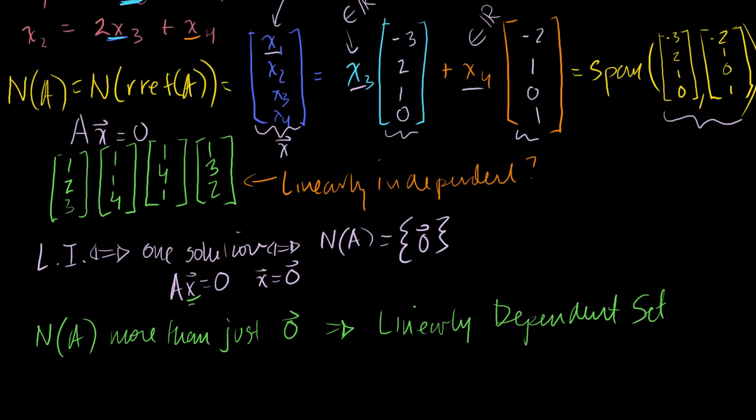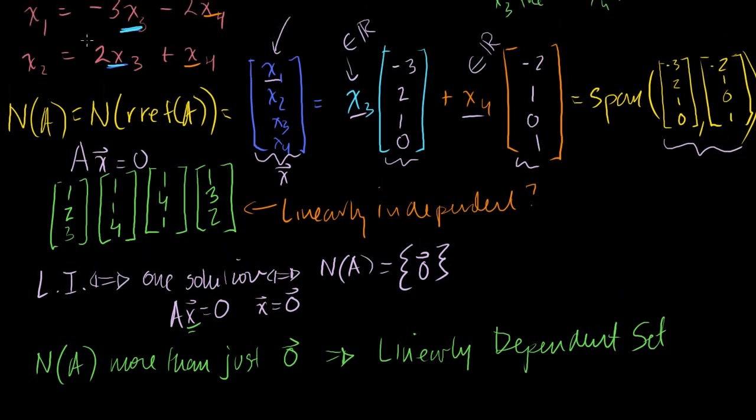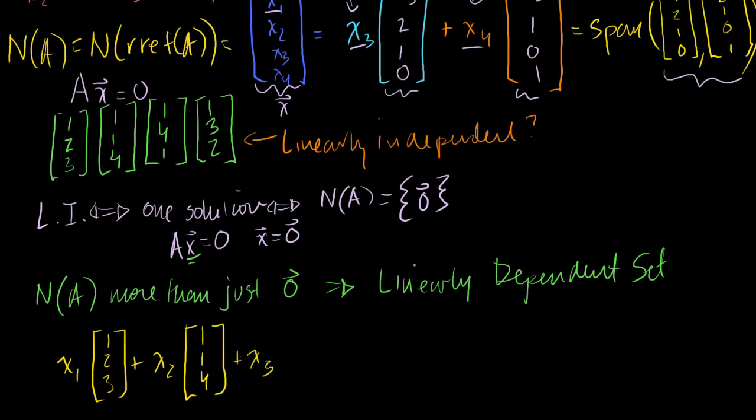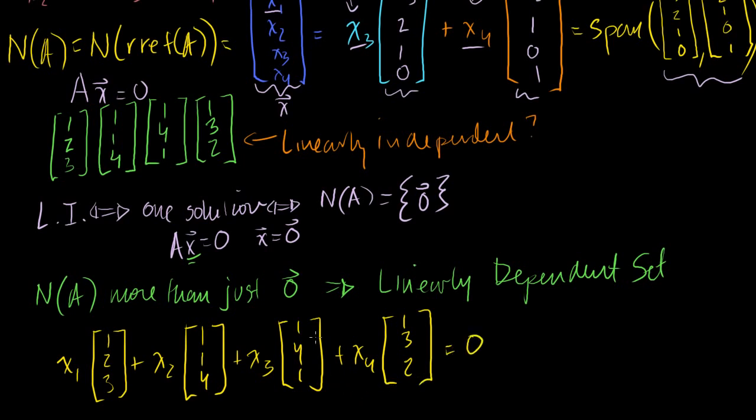So we know already that x1 times 1, 2, 3 plus x2 times 1, 1, 4 plus x3 times 1, 4, 1 plus x4 times 1, 3, 2, we know that this is equal to 0.